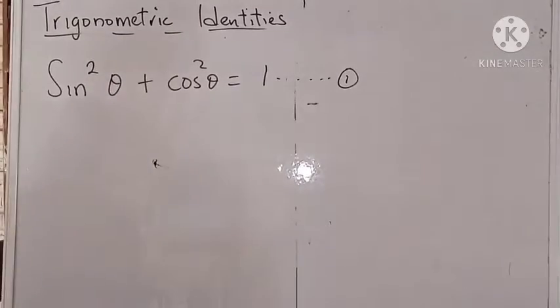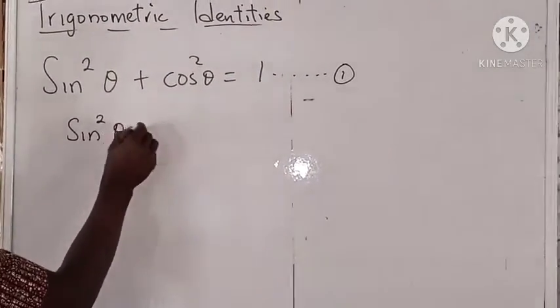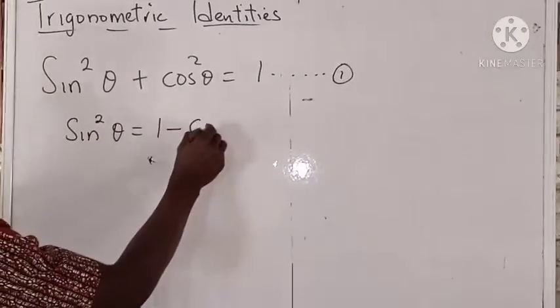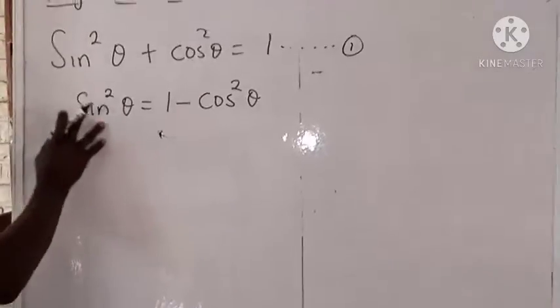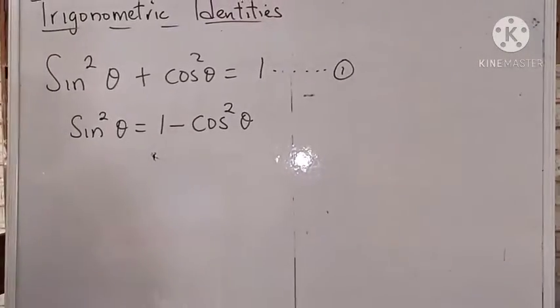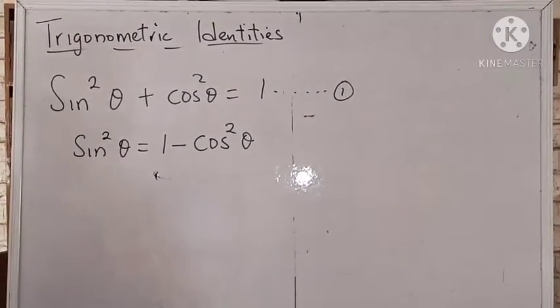If you make sine squared theta the subject, sine squared theta becomes 1 minus cos squared theta. This is another form of identity. You need to understand very well that sine squared theta is 1 minus cos squared theta.